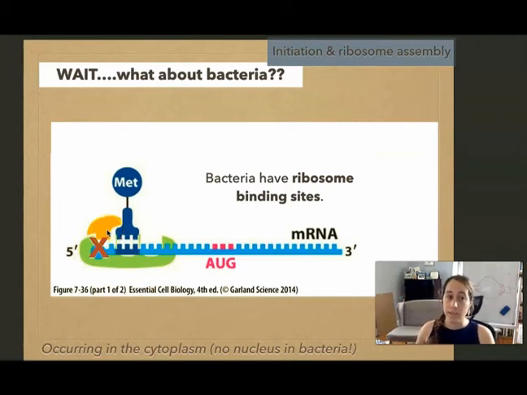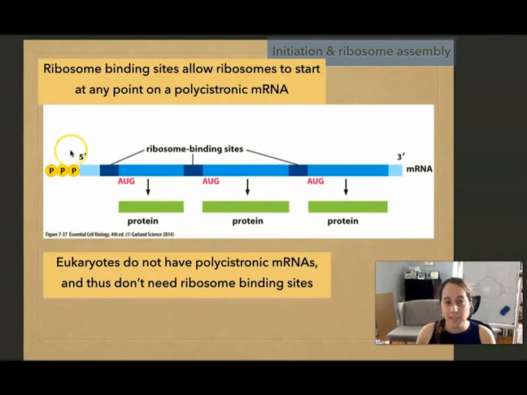So recall again, in eukaryotes, they have this 5' cap, which associates with these initiation factors, which help the mRNA bind to the small ribosomal subunit. In prokaryotes, they don't get that 5' cap because they don't need to leave the nucleus. However, they still do have a 5' end, and the 5' end actually retains the triphosphates here.